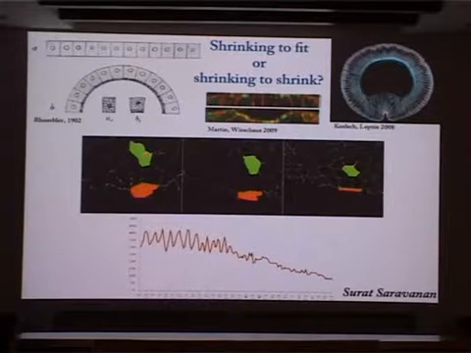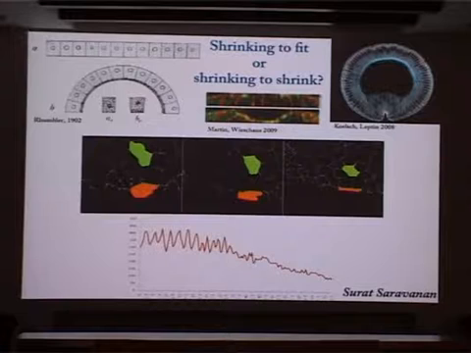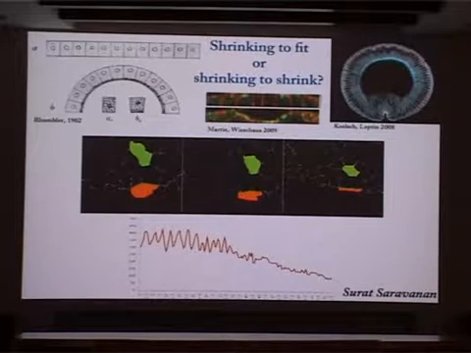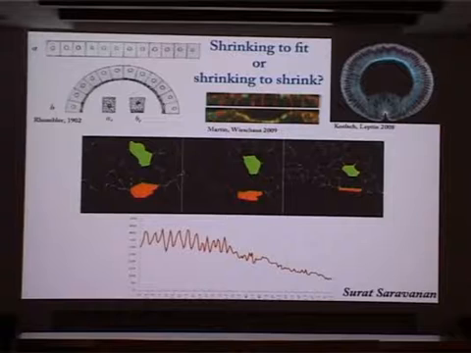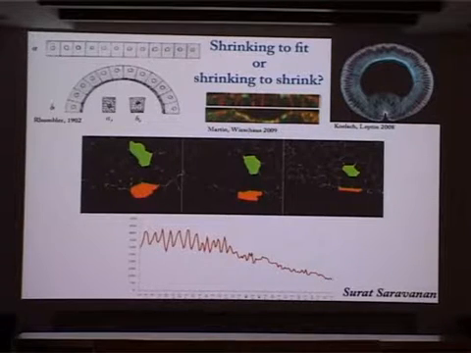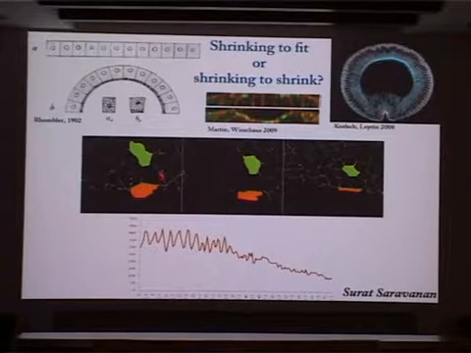But what we're looking at here is not really a bending of a sheet, but actually just contracting the tissue. And part of what we want to ask is, what does it take to contract the tissue, and how do cells constrict to achieve that?